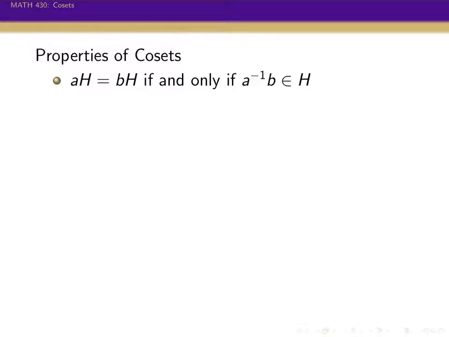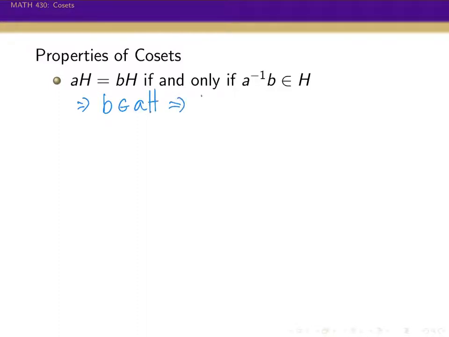Okay. So then we have, if AH equals BH, this is true if and only if A inverse B is inside H. So let's prove that this is true. From what we saw earlier, if AH is equal to BH, this means that B is inside AH.